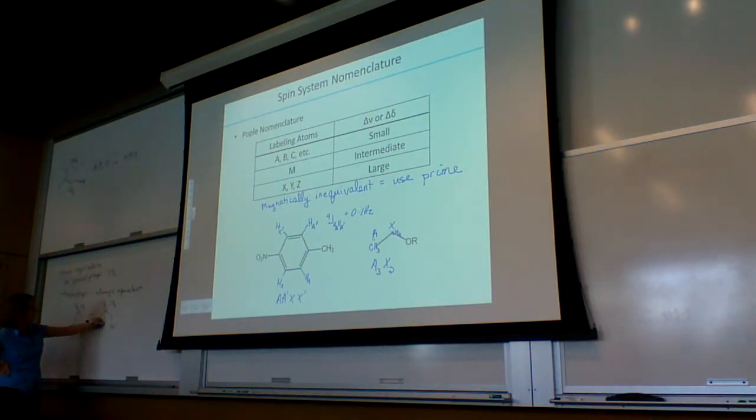We have a plane going down the center here, so they're still the same, which means we don't create a stereocenter when we do that. That means that these two groups are always going to be the same regardless, and they're always going to show up as one signal on the NMR, and they're not going to couple each other.